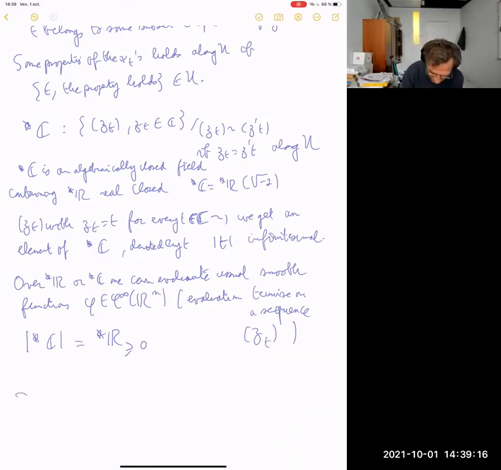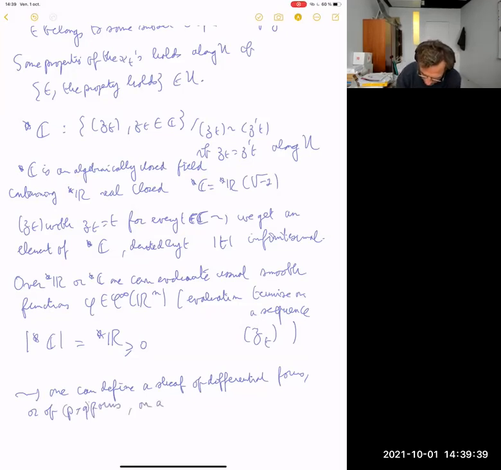And so it's possible to define a sheaf of differential forms, or of (p,q)-forms also, on a variety X over *C or over *R.